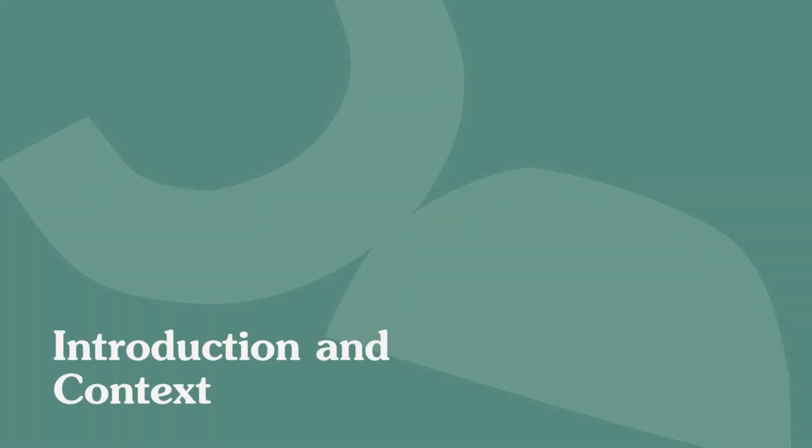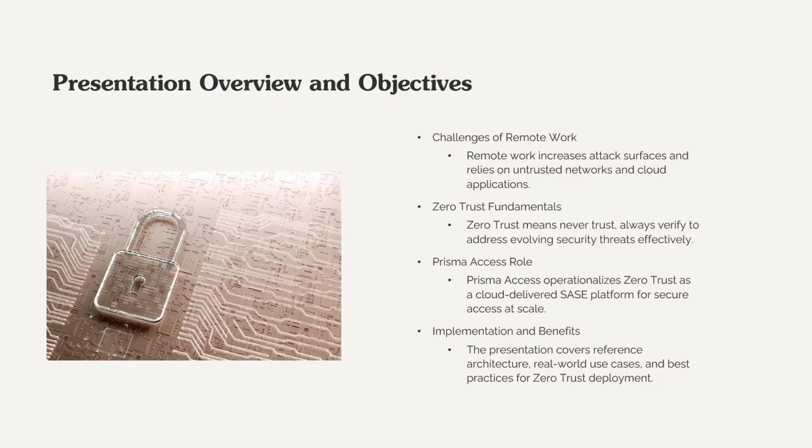Introduction and context. Presentation overview and objectives. Challenges of remote work. Remote work increases attack surfaces and relies on untrusted networks and cloud applications. Zero trust fundamentals. Zero trust means never trust, always verify to address evolving security threats effectively.